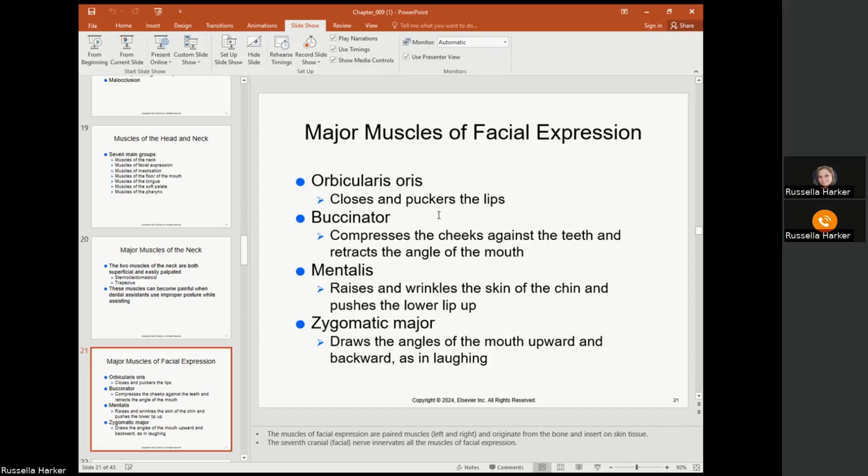These are all paired muscles, so we have one on the right and one on the left. They originate on the bone and they insert on the skin tissue. The seventh cranial nerve is what innervates the muscles of facial expression.